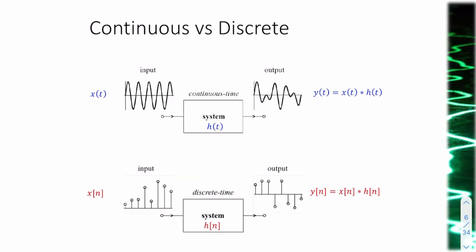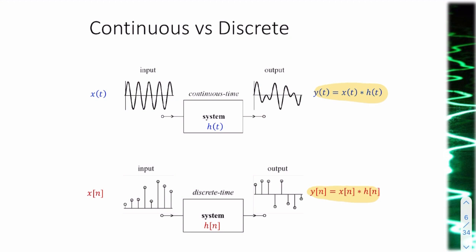Remember we said a continuous time system takes a continuous time input and produces a continuous time output. And we find that output by convolving the impulse response with the input. Now, exactly the same applies if you have a discrete time system. It'll take a discrete time input and produce a discrete time output. And that output is also the convolution of the input and the impulse response.